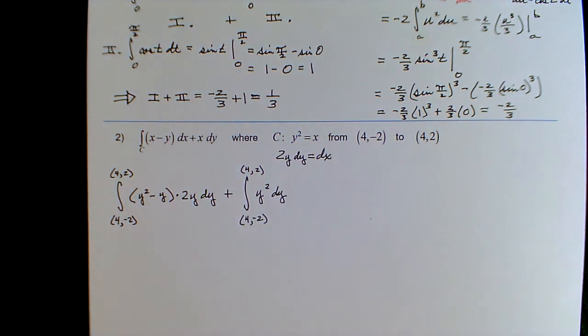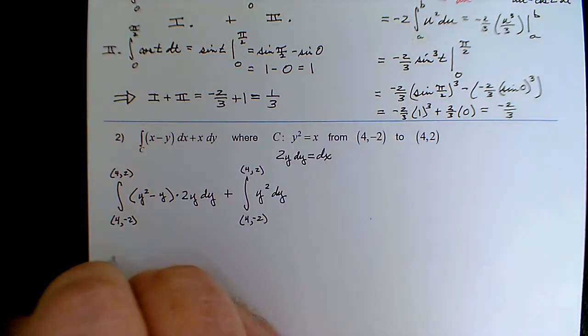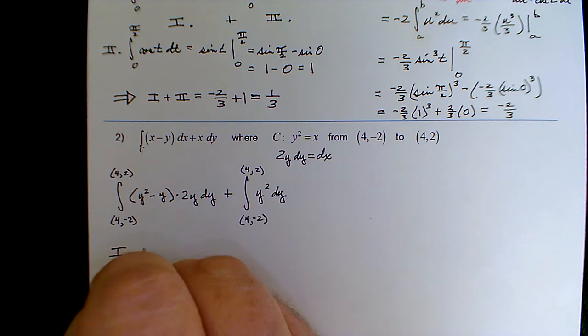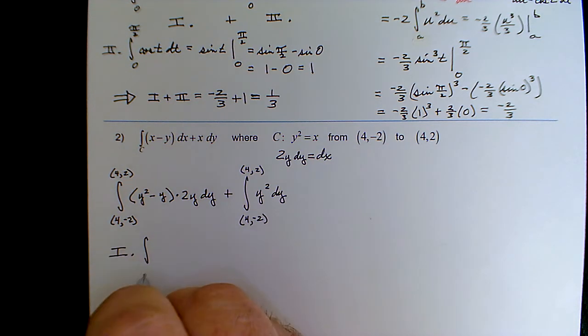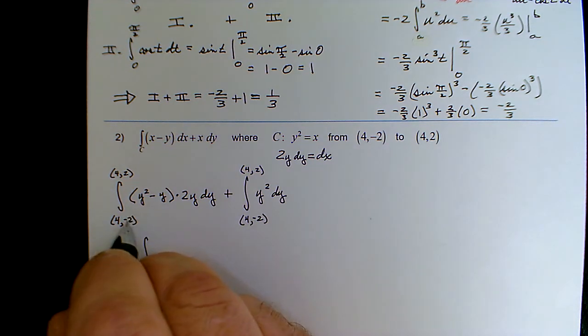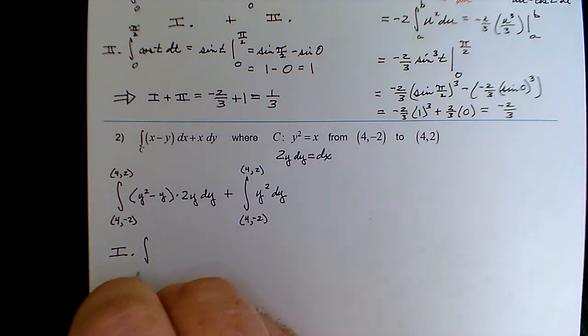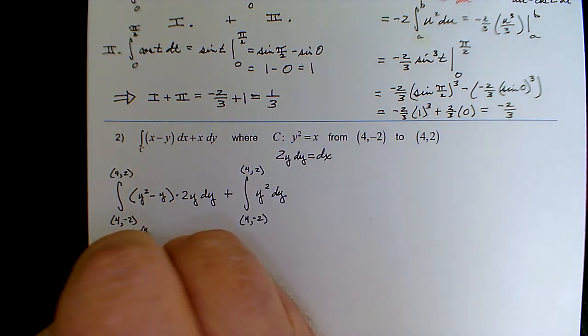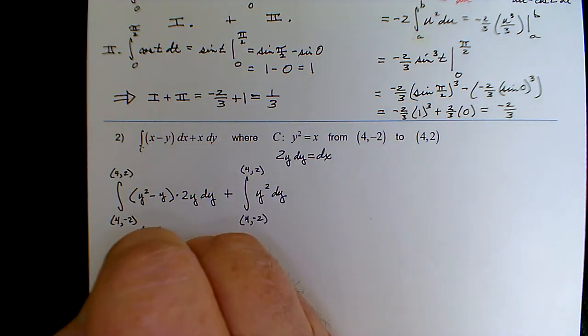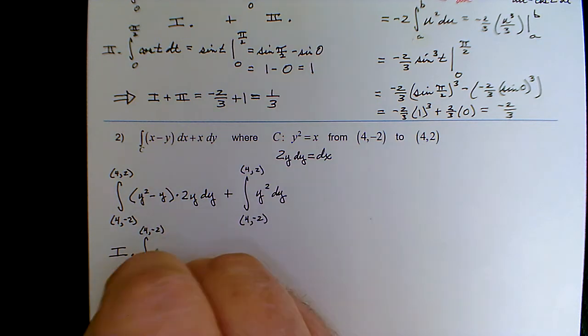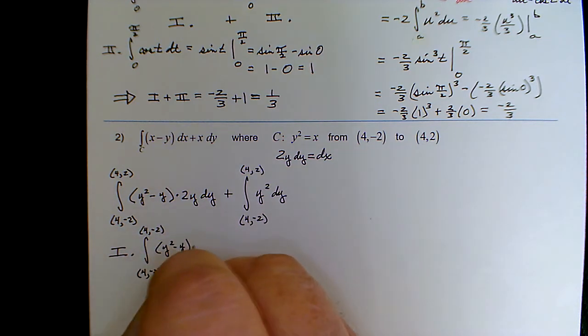So if you wanted to separate it into two pieces, I'll say Roman numeral 1 is going to be the integral from 4, -2 to 4, -2 of this. I'll just recopy it for now.